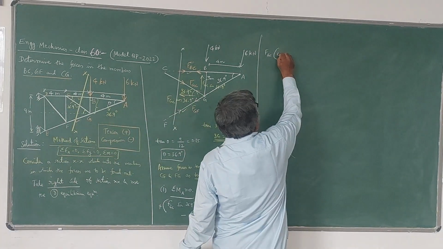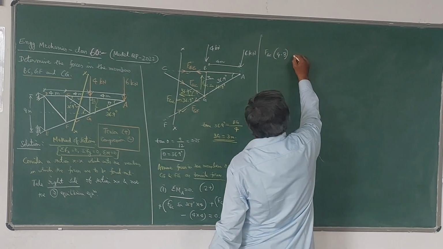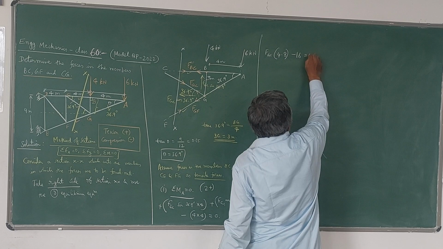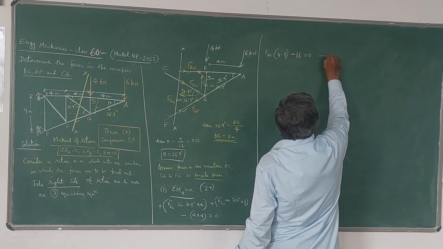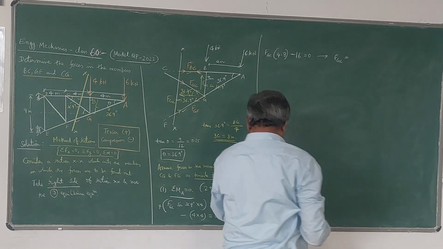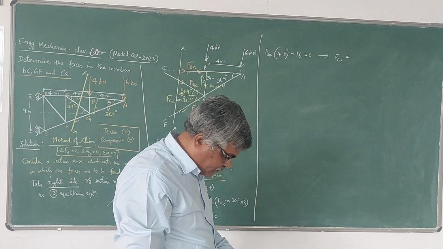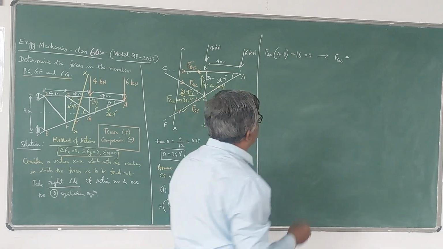So this is FGC into 4.8 minus 16 is equal to 0. 4 into 4 is 16. From this you get FGC as 16 divided by 4.8, which is 3.33.